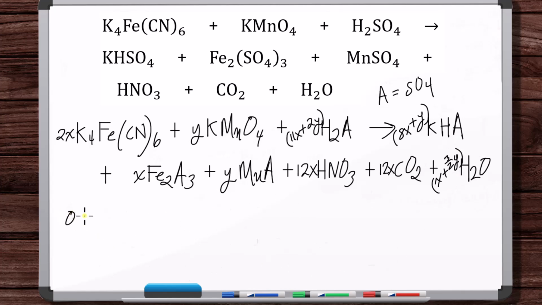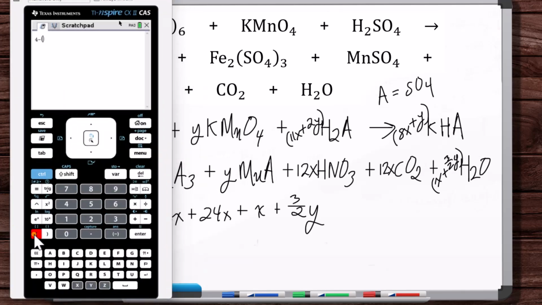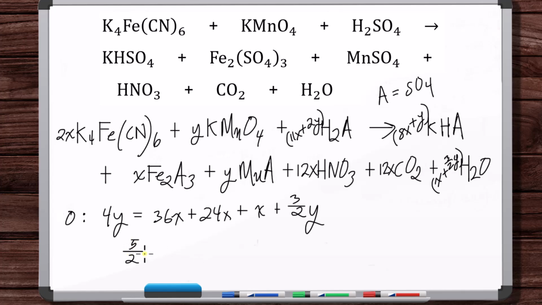Now let's balance the oxygens. So we've got 4Y oxygens on the left is equal to 36X plus 24X plus X plus 3/2 Y. Okay, so subtracting 3/2 from both sides, you've got 4 minus 3/2, so 5/2 Y is equal to 36 plus 24 is 60 plus 1.